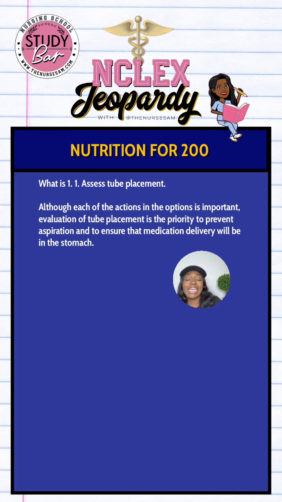You always want to assess before you touch or do anything. Assess and see what the situation is, and make sure that whatever you're about to do starts off on the right track. That's an NCLEX test-taking hint: assess first. You also learn that in health assessment.